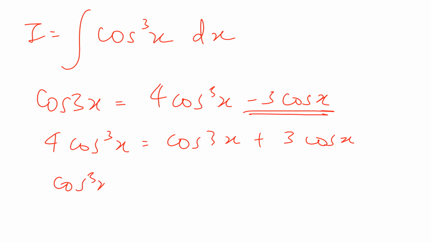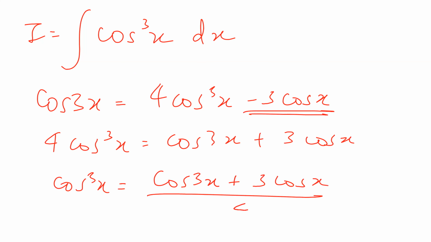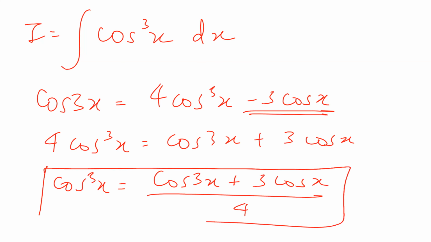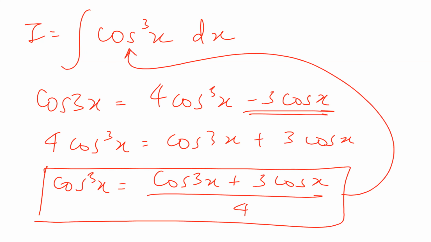So cos cube x is equal to cos 3x plus 3 cos x upon 4. This I'm going to put over here. Just remember, for sine cube x and cos cube x, the formula to be applied is the triple angle formula.